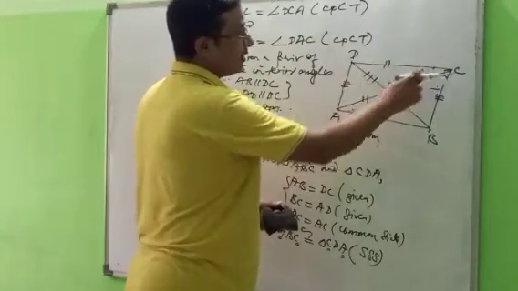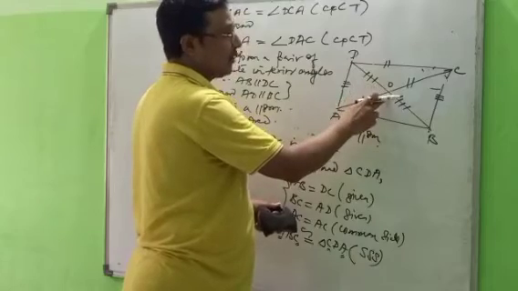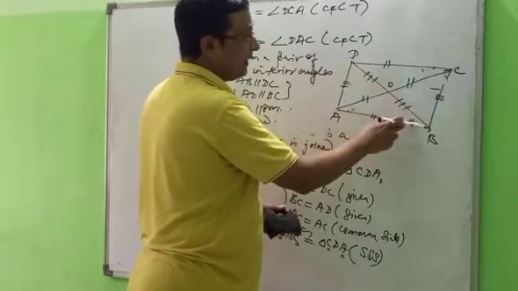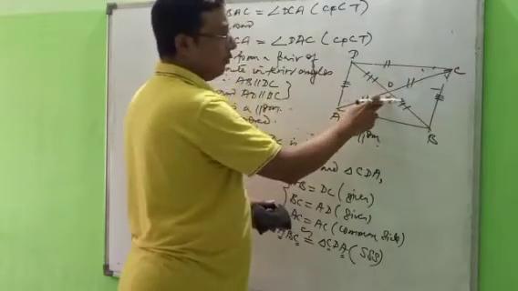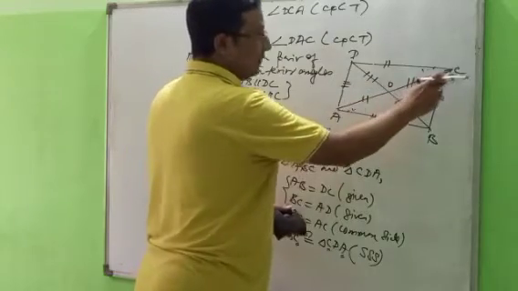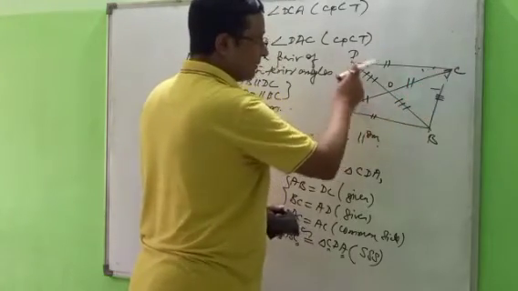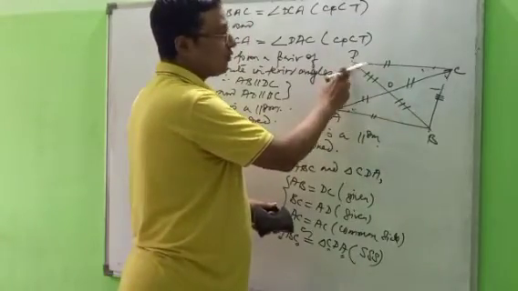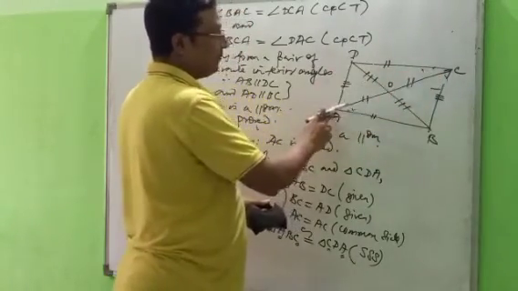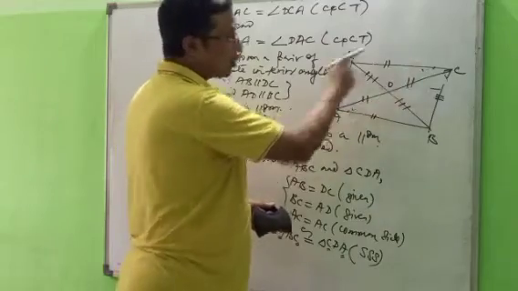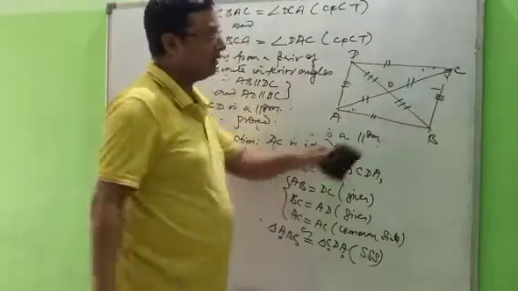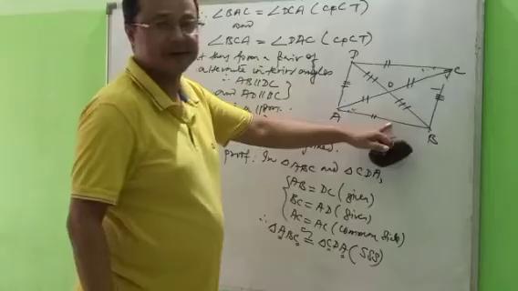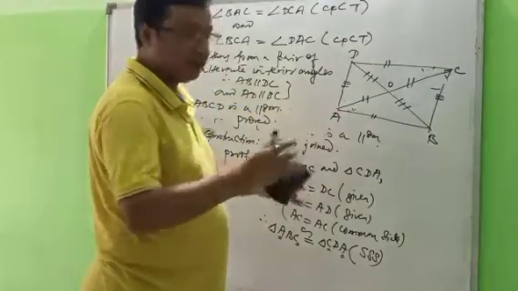That means the two diagonals bisect each other at this point O. The diagonal BD bisects AC at O, and the diagonal AC bisects BD at O. So they bisect each other. That means O is the midpoint of BD as well as of AC. In that case also the quadrilateral will be called a parallelogram. So now here comes the fourth condition.